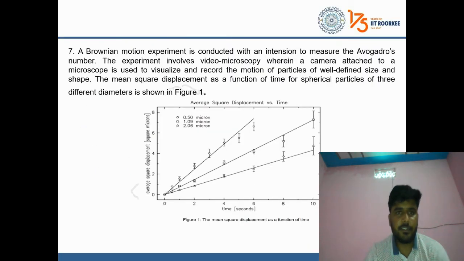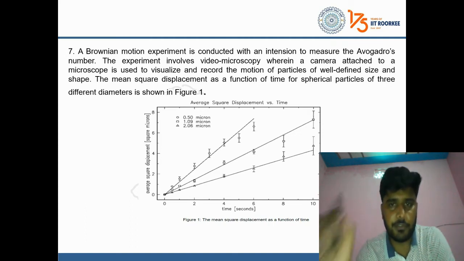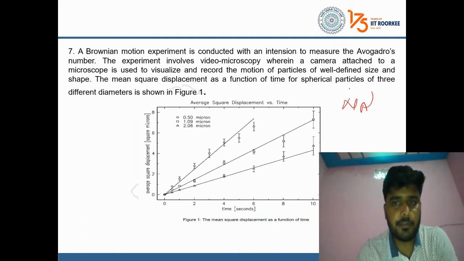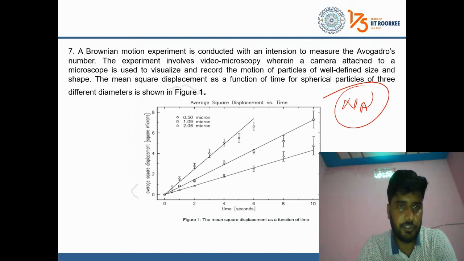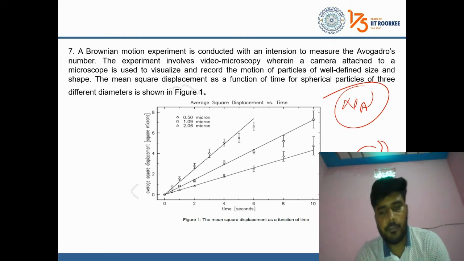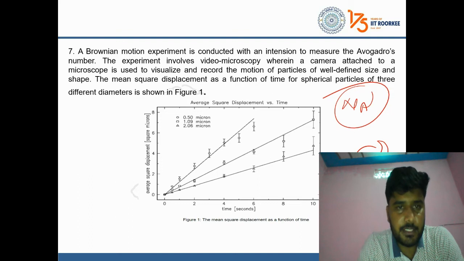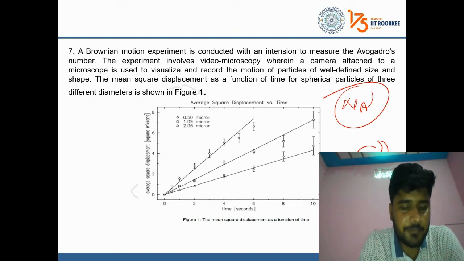So the Brownian experiment is conducted with an intention to measure the Avogadro number. So the intention of the experiment was to just measure the Avogadro number. The experiment involved video microscopy, wherein the camera is attached to it, and it is used to visualize the Brownian motion. Okay, and what is recorded is the mean square displacement as a function of time.